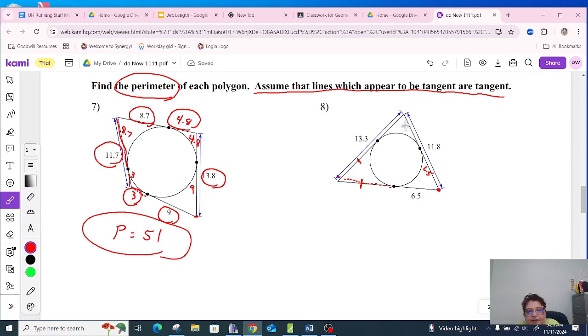That'll give you this piece. What is it? 5.3? So that means this side is 5.3. Now if you subtract 13.3 and 5.3, this is 8. So then this piece is 8. See how when I talk about wrapping around to find the missing? So now you add all the outside pieces.